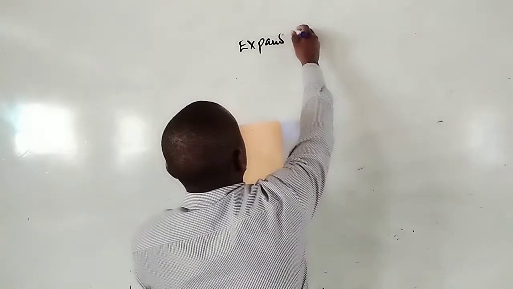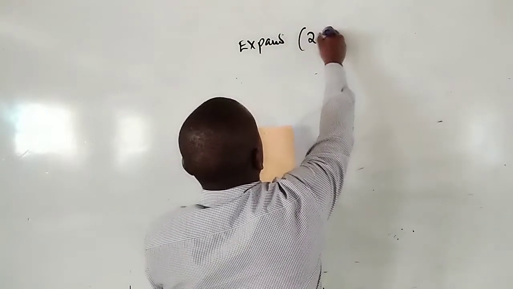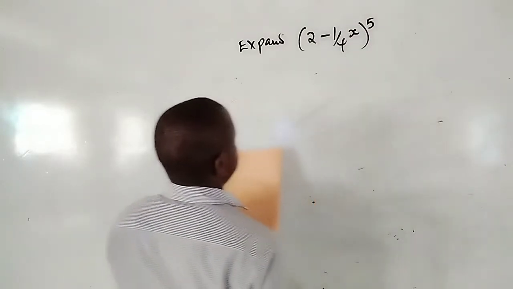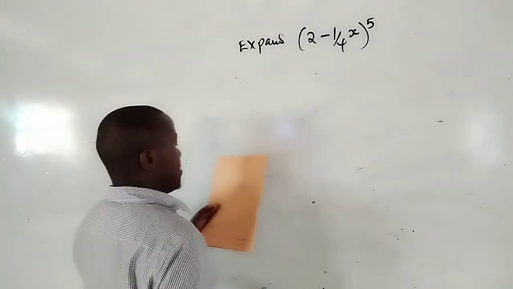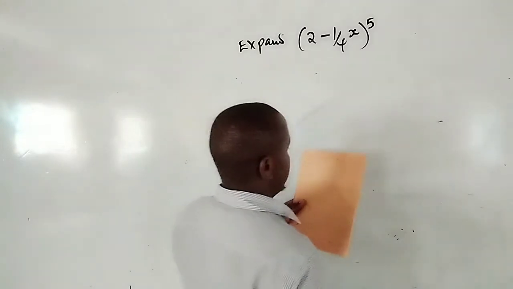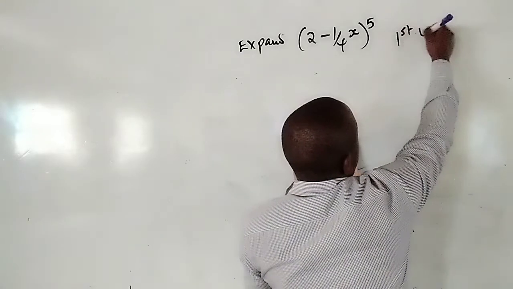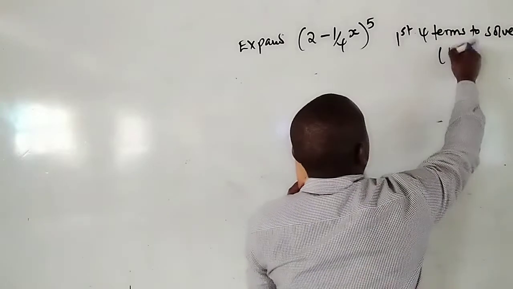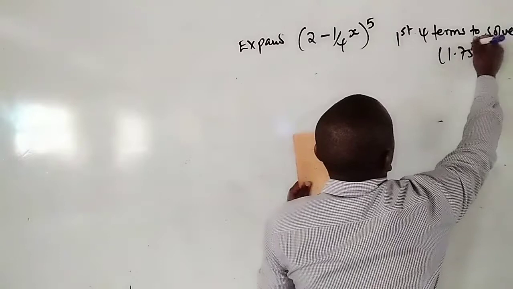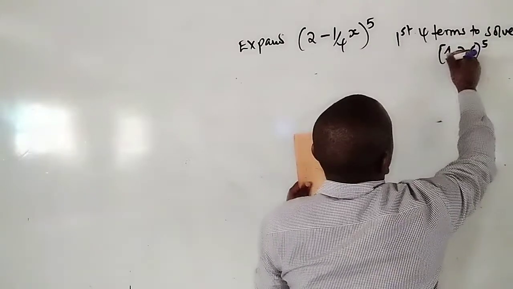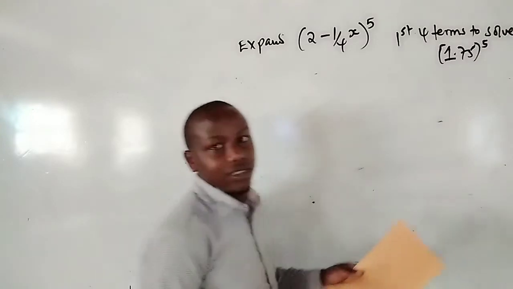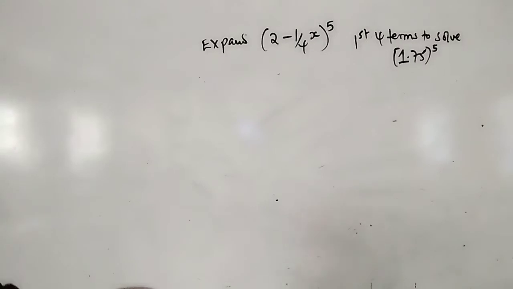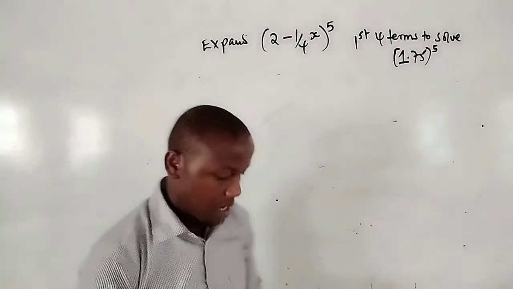Of course, the binomial (2 - a quarter x) to the power 5. Then use the first 4 terms to solve 1.75 to the power 5, like that.